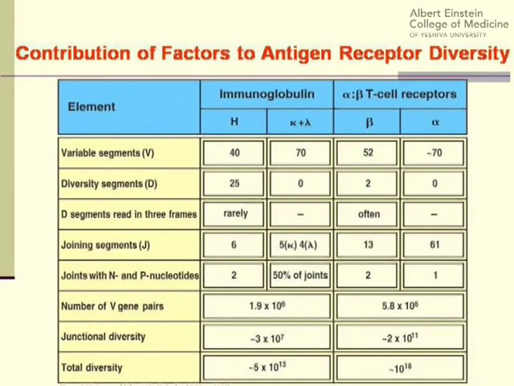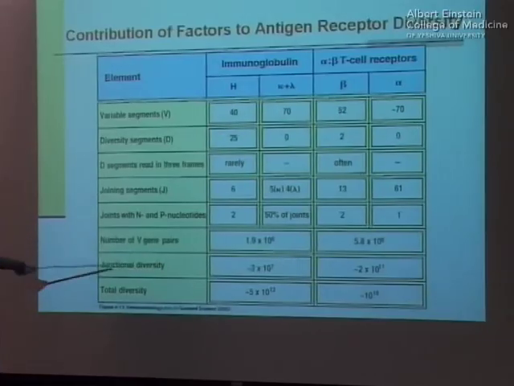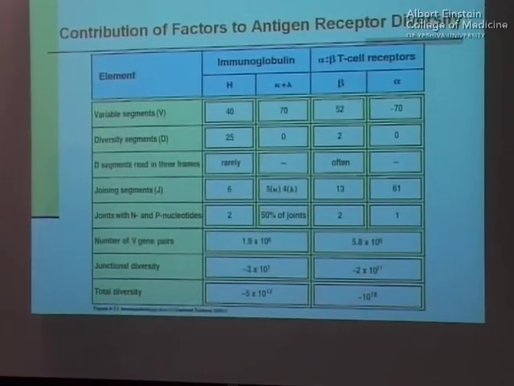And now, if you start adding up all these different factors and do the math and ask the question, where is the diversity coming from? It turns out that the number of V gene pairs with D regions, et cetera, gives you this level of diversity in the T cell receptor and immunoglobulin gene by having junctional diversity where the junctions don't exactly match.